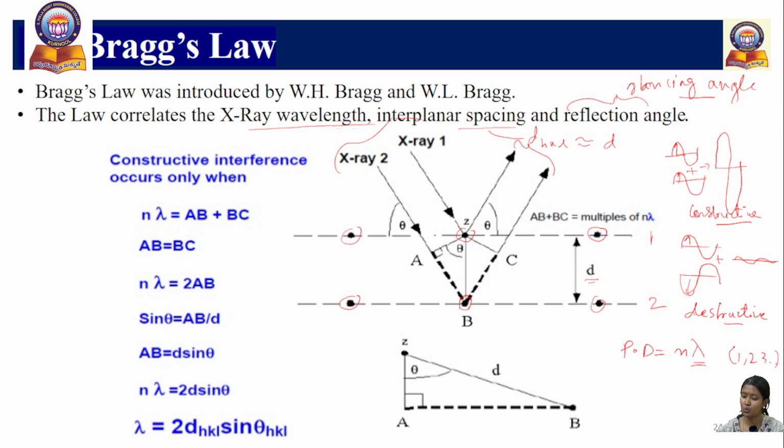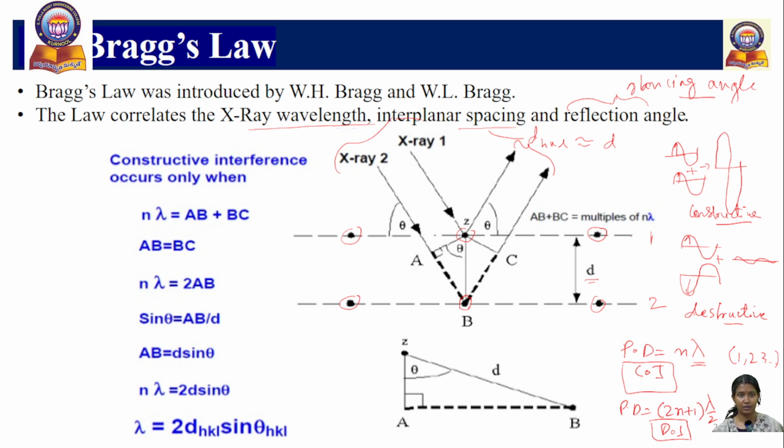So if the two waves have a path difference of n lambda, it will give you constructive interference. I am writing CI for constructive interference. If the path difference is (2n+1) lambda by 2, then it is destructive interference. Destructive interference means the two waves will cancel each other out.